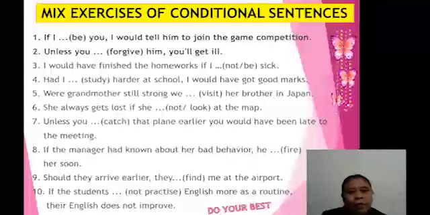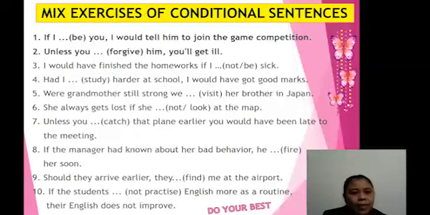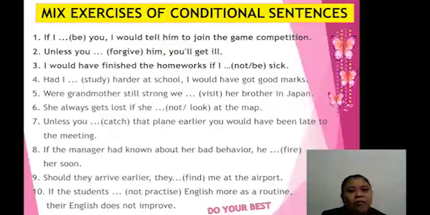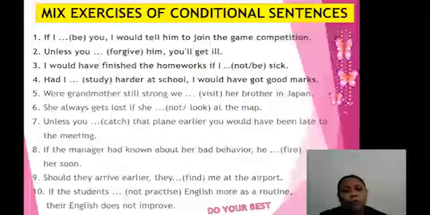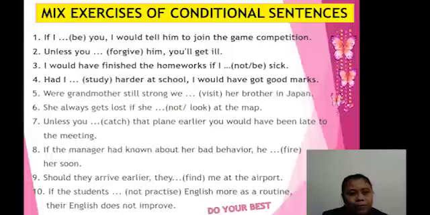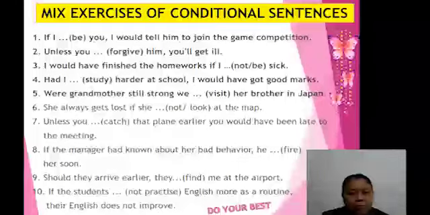Unless you forgive him, you'll get ill. Number 3. I would have finished the homeworks if I not be sick. Number 4. Had I studied harder at school, I would have got good marks. Number 5. Were grandmother still strong, we visit her brother in Japan.